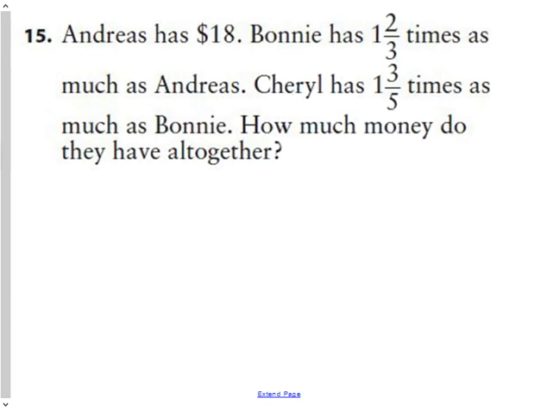Question 15 says Andrea has $18. Bonnie has 1 2/3 as much as Andrea. Cheryl has 1 3/5 as much as Bonnie. So what we're going to do here is I'm going to put an A for Andrea, a B for Bonnie, and a C for Cheryl. So Andrea, we know, has $18. Now Bonnie has 1 2/3 times as much as Andrea.